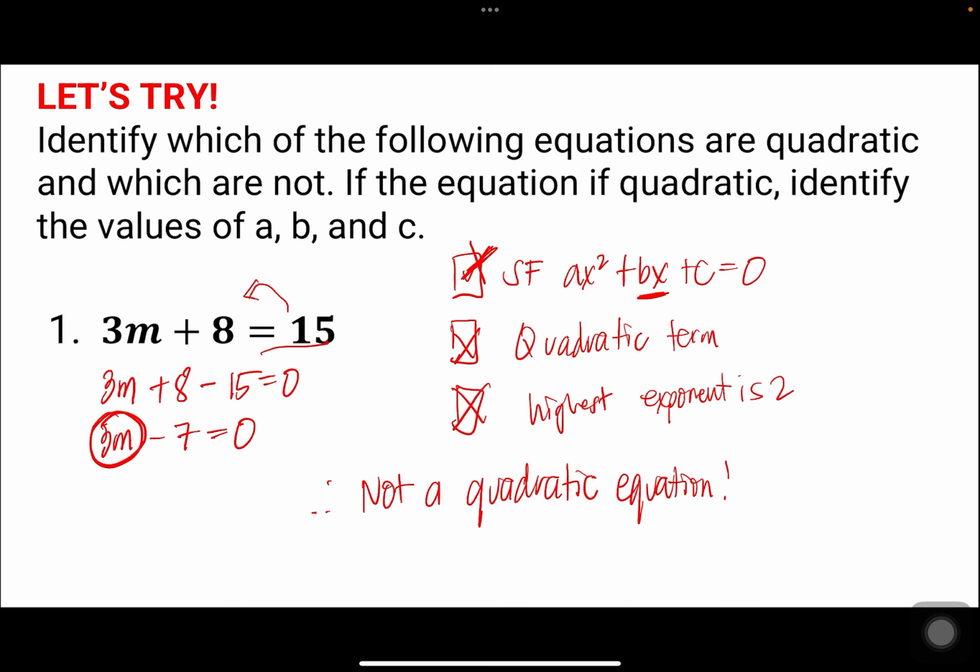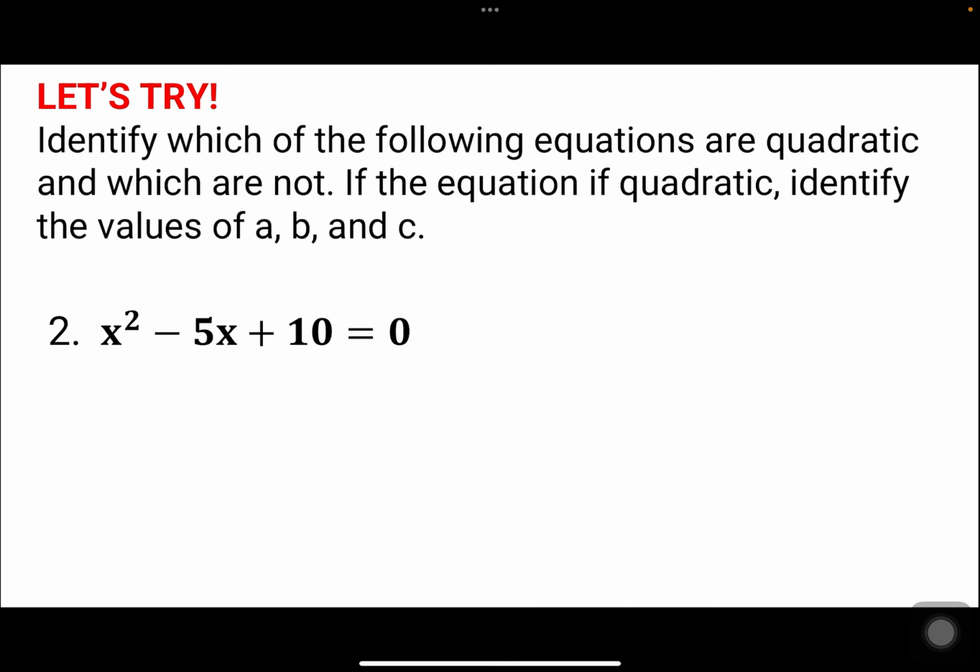Next, number 2. If you have x squared plus 5x plus 10 is equal to 0, is it a quadratic equation or not? Okay? So let's check. Standard form, ax squared plus bx plus c is equal to 0? Yes, naka-equate kay 0. Next, may quadratic term po ba tayo?